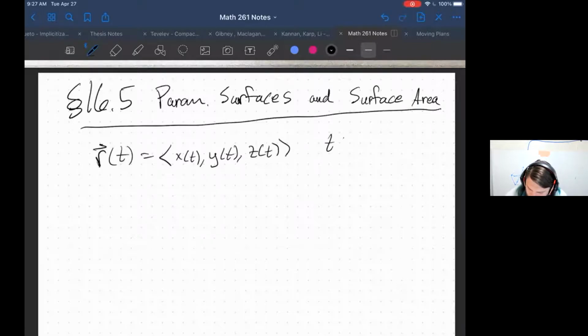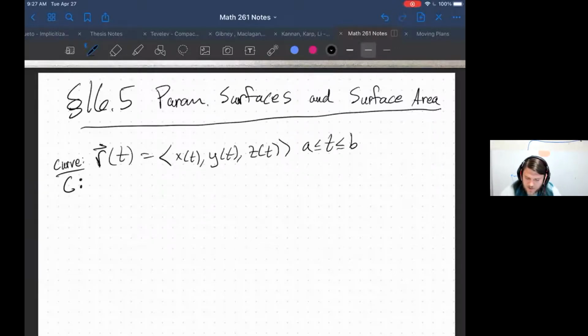And then we want a finite curve length, so we say t from A to B. Okay, so this is a parameterization of a curve. Usually it's also denoted C like that.